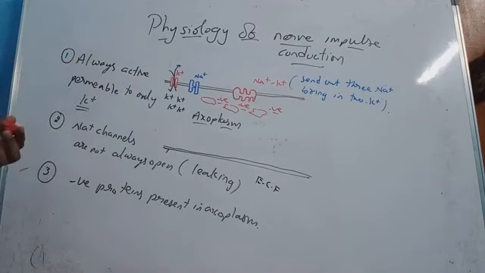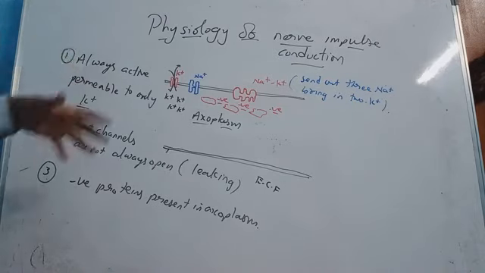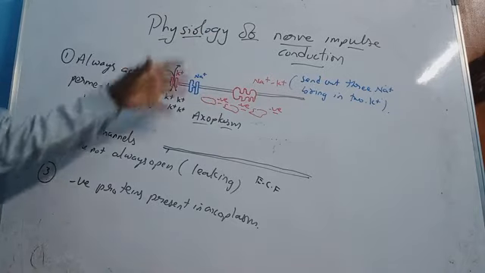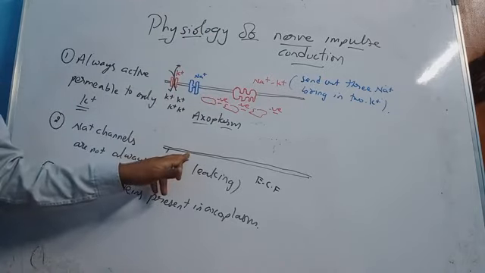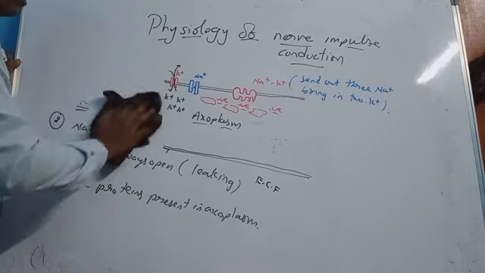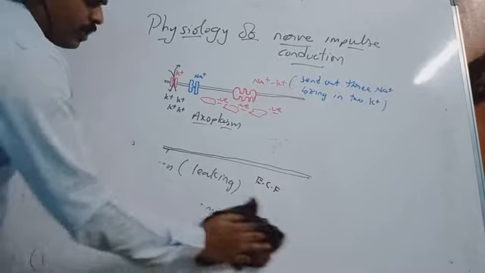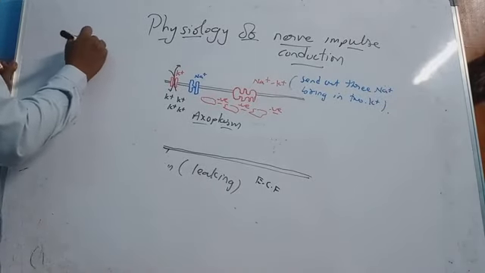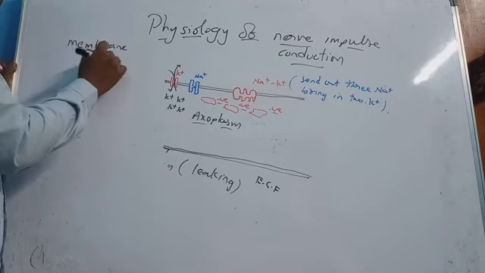Now because of these three points, there is a difference in the ionic potentials of this membrane between these two. That potential which is created is called the membrane potential. So now the main point to remember: membrane potential.